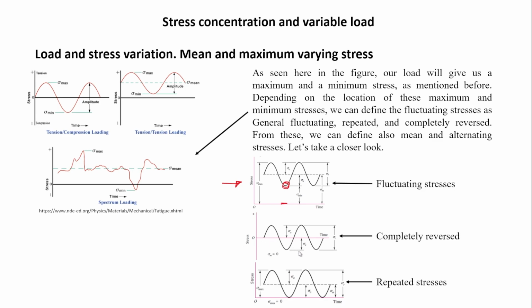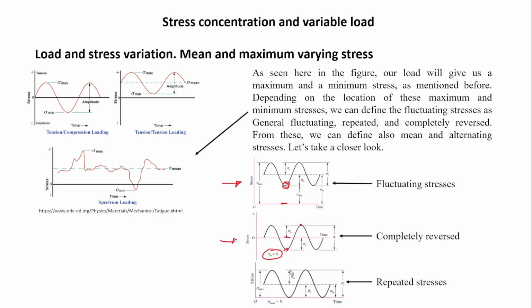If it is nicely distributed around the zero axis, meaning that sigma, the amplitude, you can divide by 2, and when you take the average of the minimum and the maximum, it gives you exactly 0, like it's represented here, then we are going to call that case completely reversed loading.